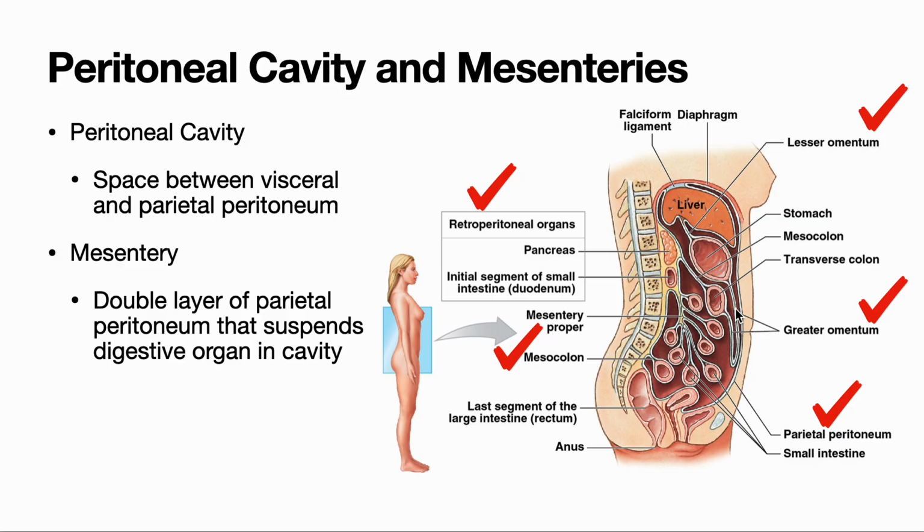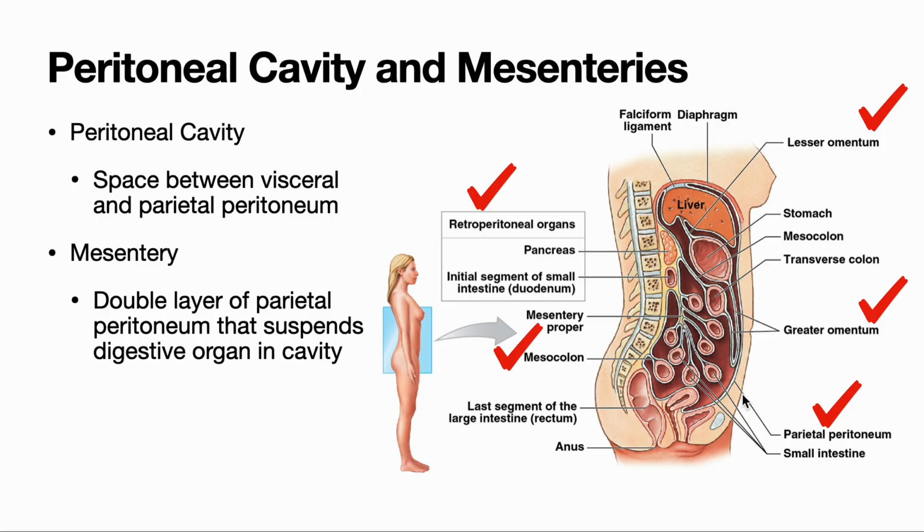And we would like to have an amount that provides us with a backup energy supply, but we don't want to have an excessive amount here. When you have excess amounts of visceral fat, it often means that you'll also find visceral fat in other areas like around the heart, and that can make the heart have to work a lot harder, and that can create problems there. So that's the greater omentum.